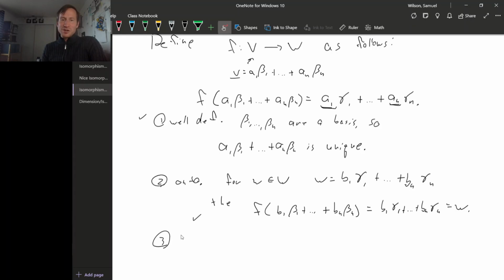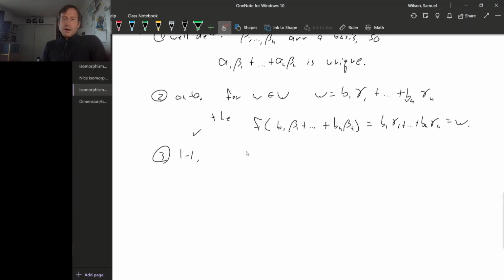Third thing we need to show is that it's one-to-one. So to show that it's one-to-one, remember we need to suppose that f of v1 equals f of v2. Now we need to show that v1 equals v2.